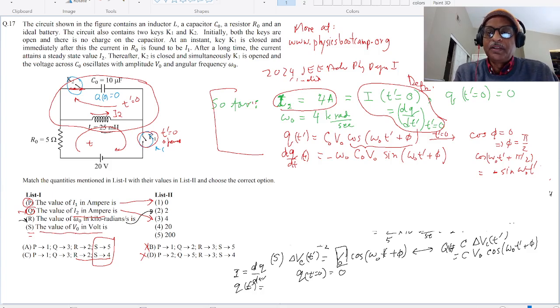So we got, so this will become cosine. So this will become sine.